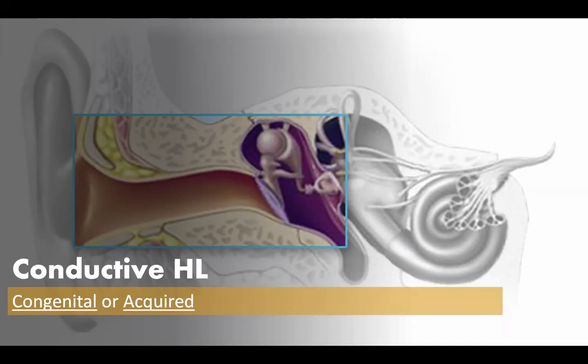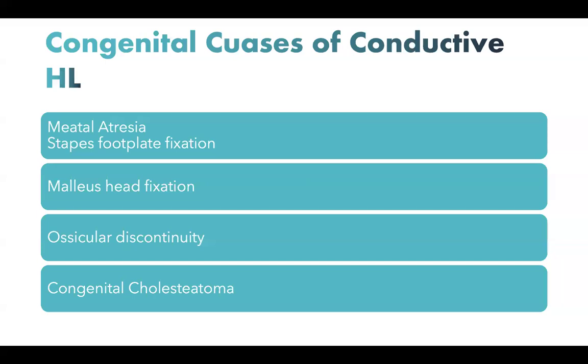So to subclassify the conductive hearing loss, we could face patients with congenital conductive hearing loss or acquired conductive hearing loss. The causes of congenital conductive hearing loss, of course, are not limited to the following causes, but I hope this can give you an idea.